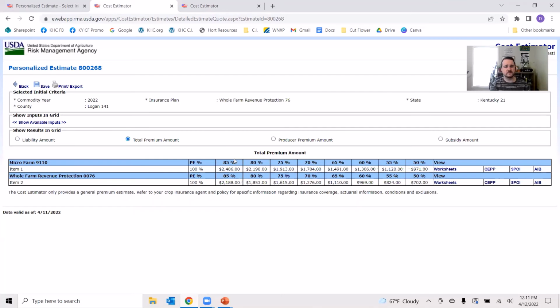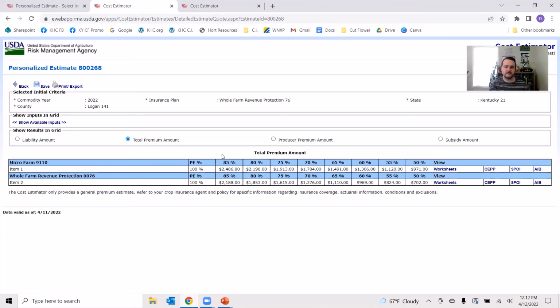So you can see here, the microfarm 85% premium is $2,400, almost $2,500. For the whole farm revenue protection, it's almost $2,200. So there's about a $300 difference or so, and that's the case for most of them as you decrease in coverage level.